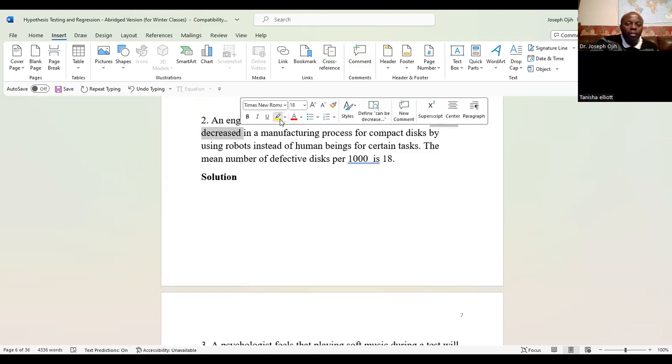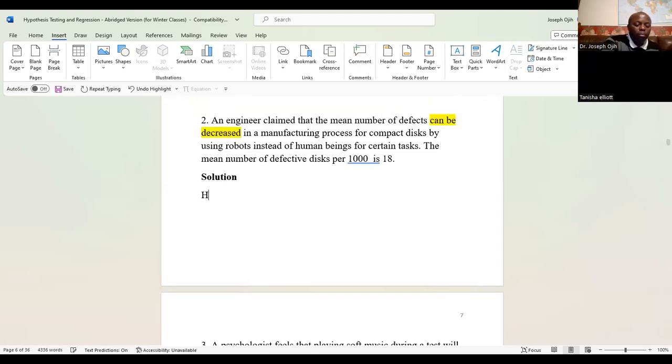That's the keyword there. So you have your H0 and H1. "Can be decreased" can only be used in the alternative. So we put the mean of defects less than 18, because the average defective per 1,000 is 18. That's a claim right there.